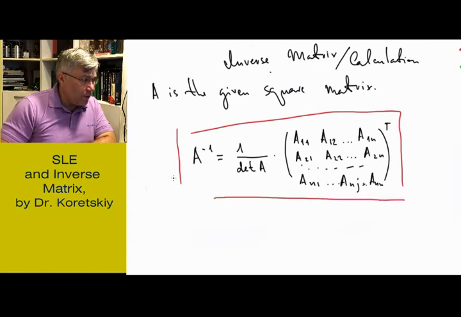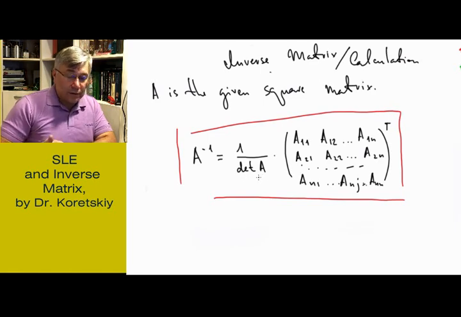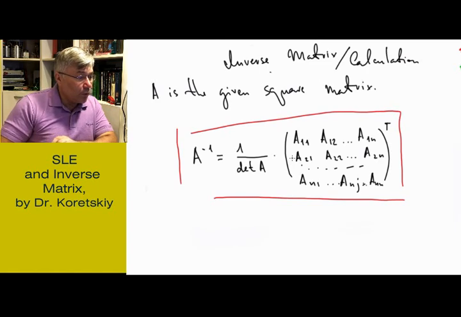By the way, you can notice that if determinant A equals 0, it is impossible to calculate the inverse matrix, or we can say that there is no inverse matrix to the given matrix.